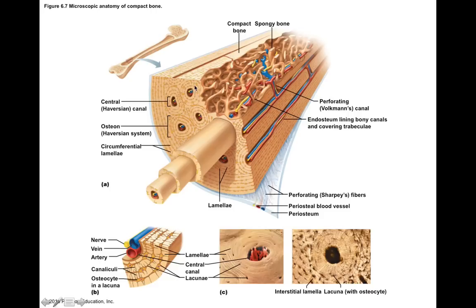So if you zoom in on the compact bone here, you see, okay, there's an osteon, there's one. Remember, the osteons are basically interlocking cylinders or concentric rings of lamella, and each lamella is basically a tube of bone. And between each tube, you find little spaces called lacunae. So if you zoom in here on an osteon, which you can see down here, you find, okay, here's our lamella again, those rings of bone.